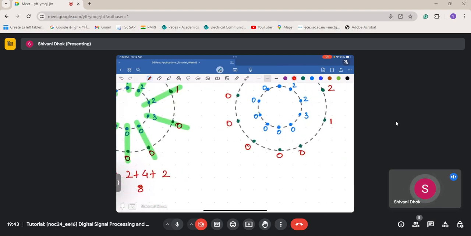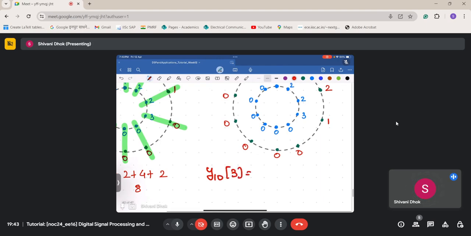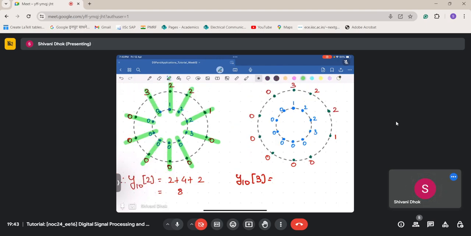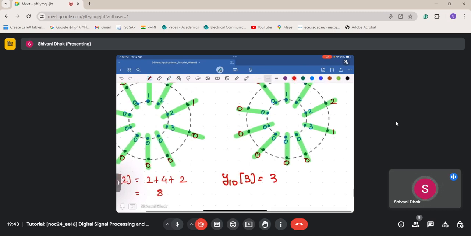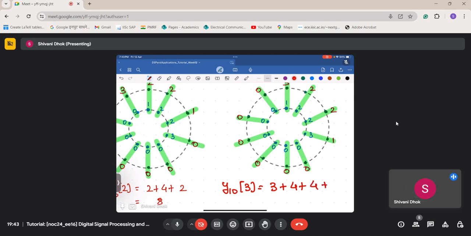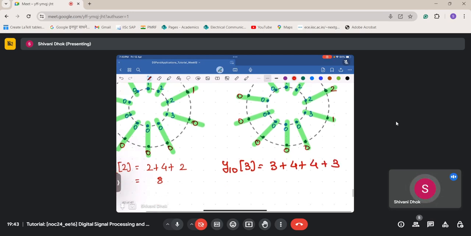So now I'll have y10 of 3 as 1 into 3 plus 2 into 2 plus 2 into 2 plus 3 into 1 plus 0 0 0 0 0 0. So this comes out to be equal to 3 plus 4 plus 4 plus 3, which is equal to 14.